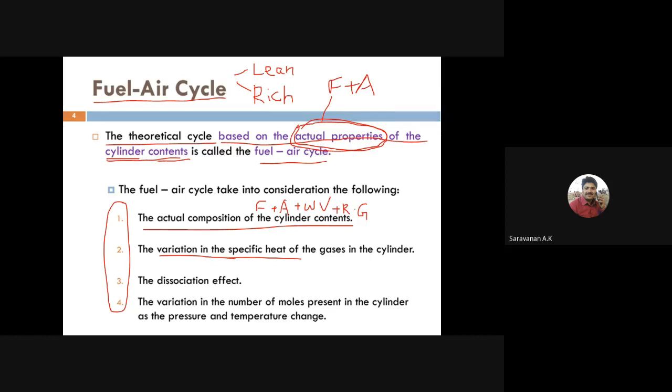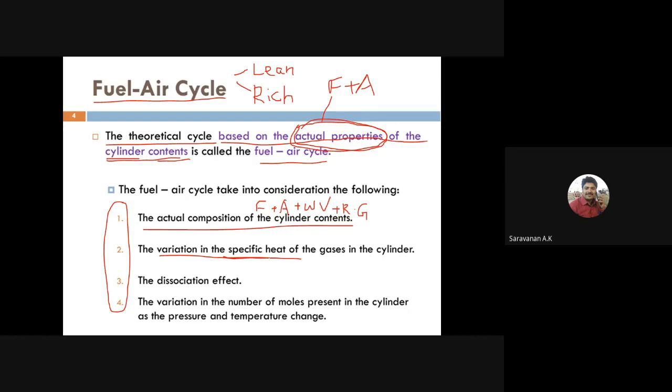Due to the specific heat, the efficiency may vary, so the cycle diagram also varies. The specific heat increases with the temperature. Inside the cylinder, the temperature will be above 1500 Kelvin.